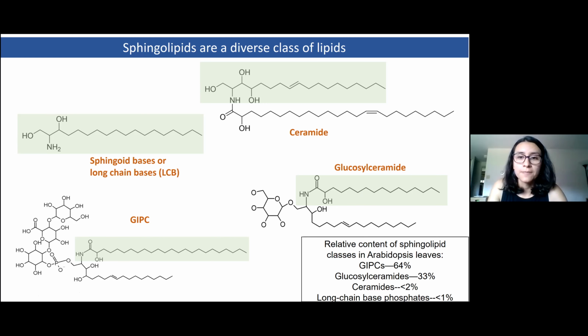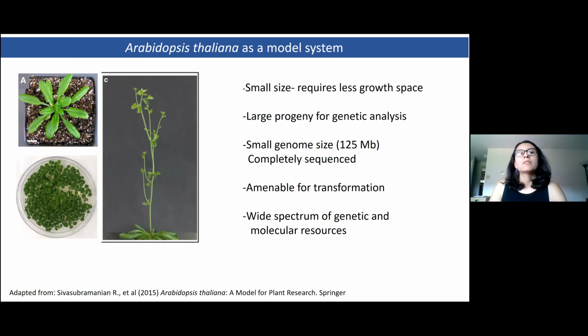percentages in the cell. So as I was mentioning, some of you are probably not familiar with Arabidopsis thaliana, and this is where some of the sphingolipid work has been done for plants. It is a model system that we use because it is a small plant and requires less space to grow. You can see here, for example, you can grow them in an agar petri dish. All these are small seedlings that you can use for doing experiments.